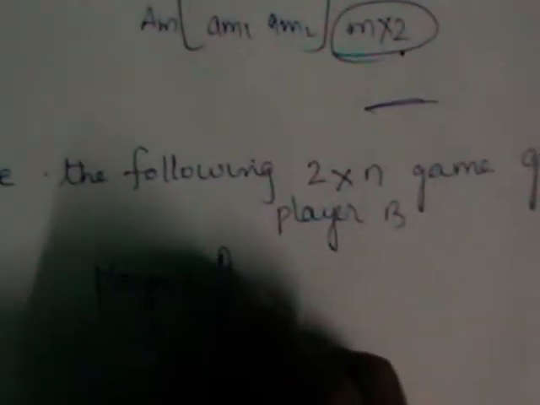In some questions they will specify, but if not, you should be able to identify which method to go for. Here it is player A, here it is player B, with A1, A2. For B, how many strategies do we have? B1 to B4, and this is the given question to you: 2 1 1 6 0 3 and minus 2 2.